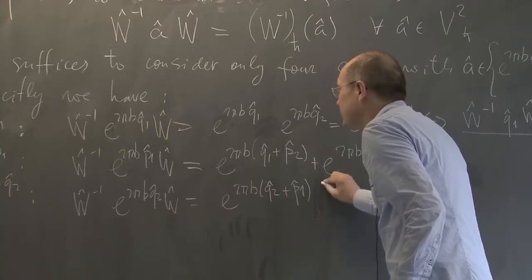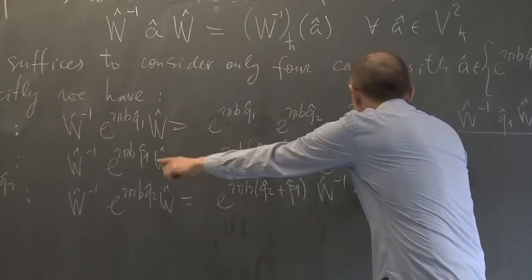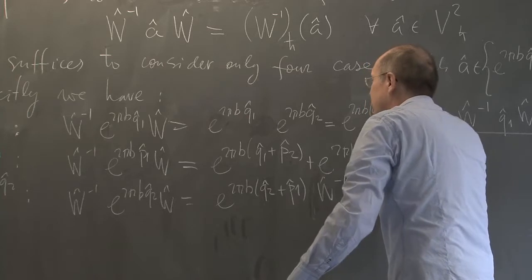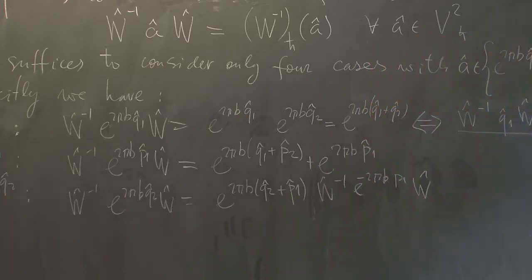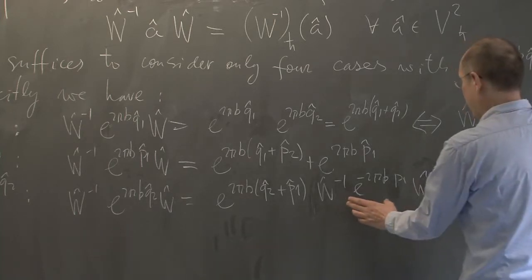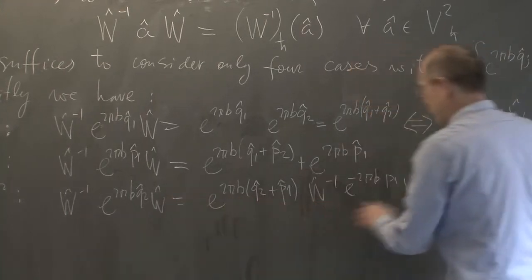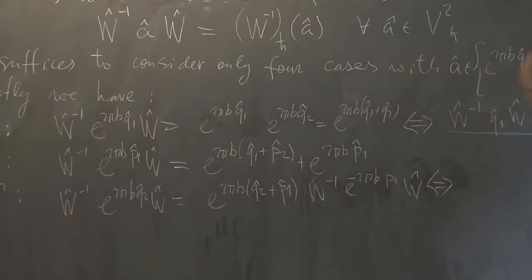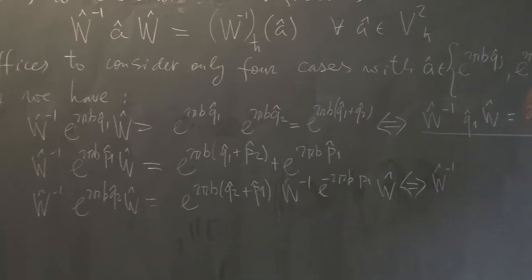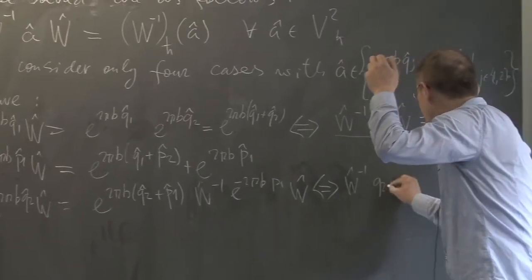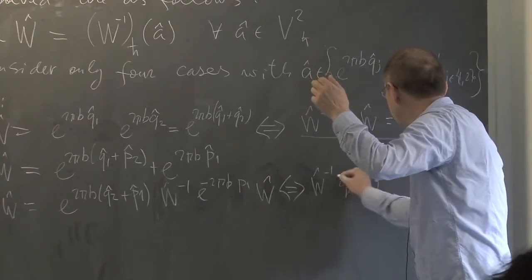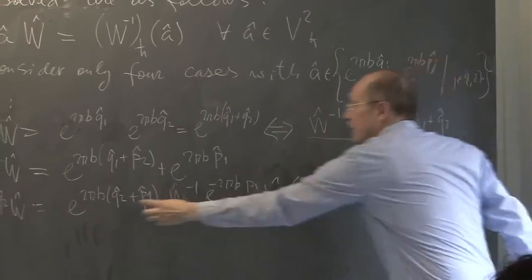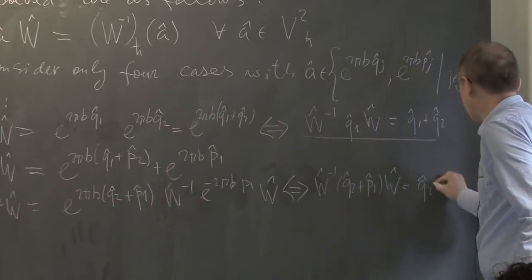So we just put W hat minus 1 inverse minus 2 pi B P1 W hat. And now we can multiply both sides by the inverse of that to remove it from here. And we immediately see that we can take a logarithm easily. So this becomes W hat minus 1 conjugates Q2 plus P1 and gives, again, Q2 plus P1.